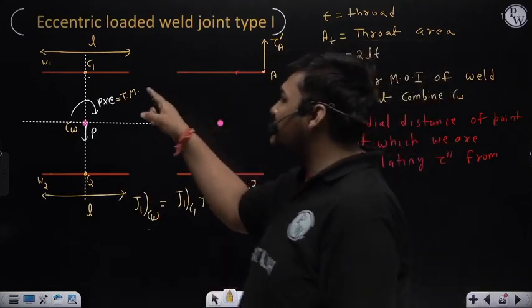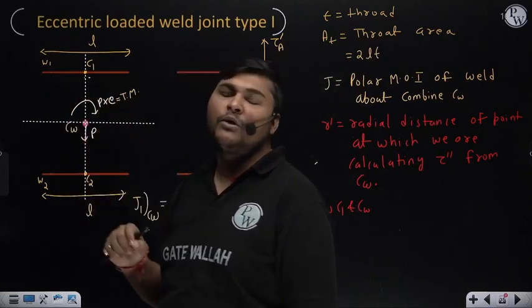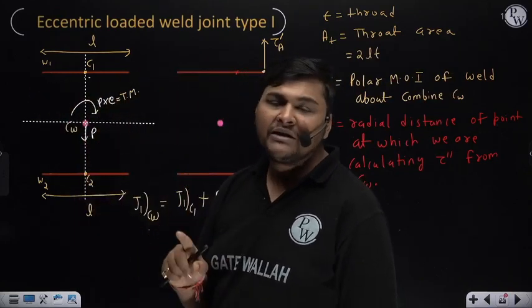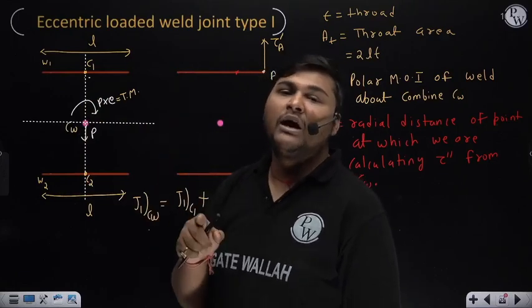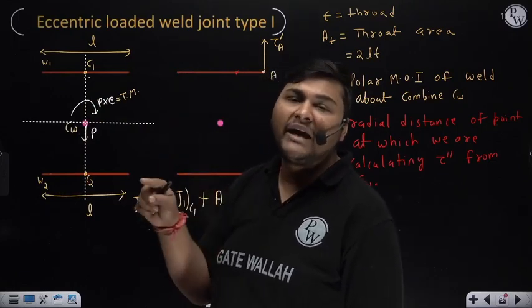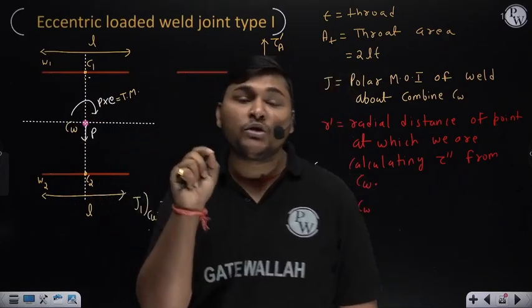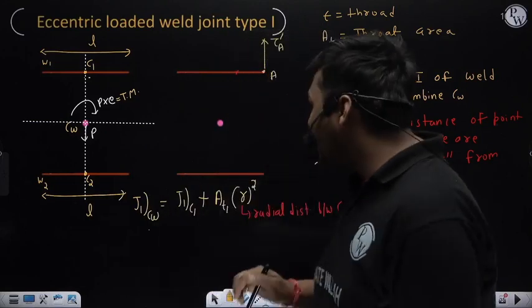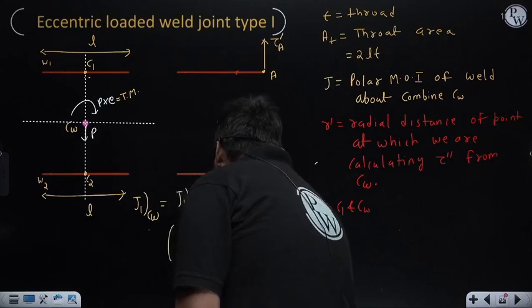Now here, the dimension which is parallel to the x-axis for weld 1 is L. And h means the dimension which is perpendicular to the x-axis, or parallel to the y-axis, and here that dimension is the throat thickness T.